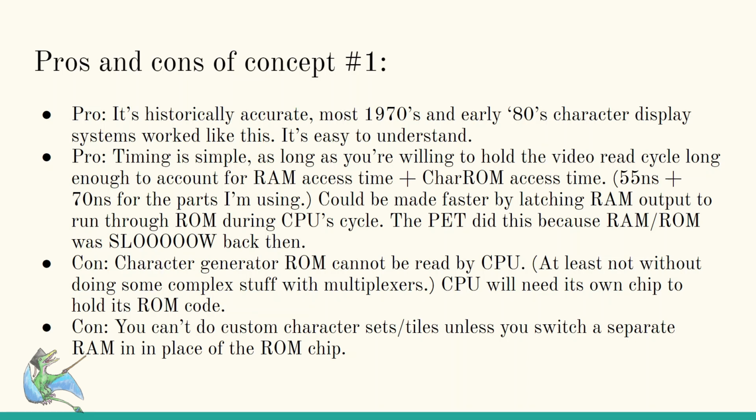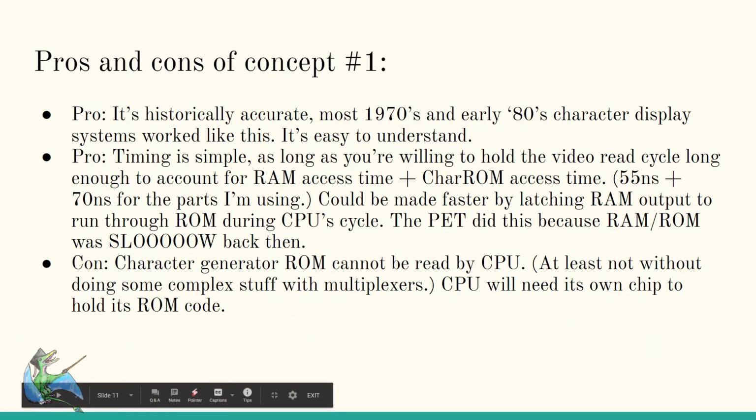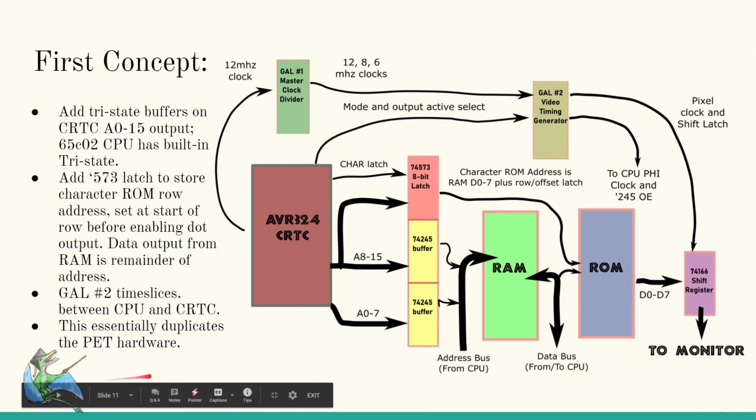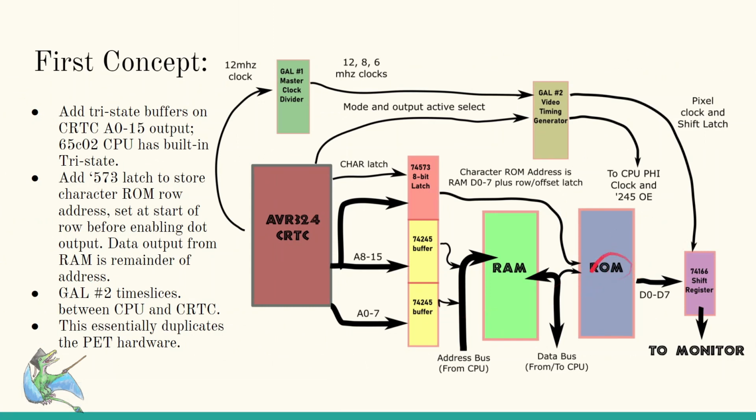That was how it was with most early video cards. It just means if you want to do graphics, you have to switch to graphics mode. Now, I didn't put this on any of the diagrams, but switching to graphics mode, you could do that several ways. You could do some sort of bypass around the ROM and just feed the RAM contents directly into the shift register. The cheat I came up with was simply you could just put a pattern in the ROM.